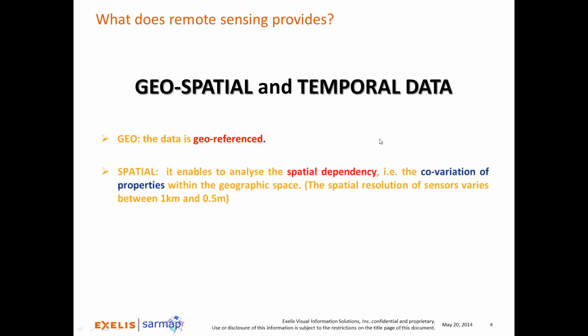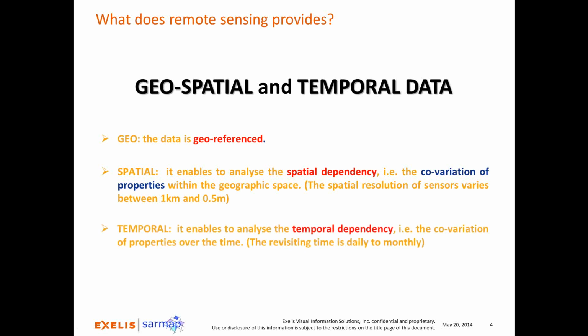It's not just a single point measure, but we have, of course, images, so it's broad coverage, and so we can follow the spatial dependency of what is happening on our terrain. And of course, with the sensors we have available nowadays, also with the SAR data, we can get to very high resolution, to metric resolution.